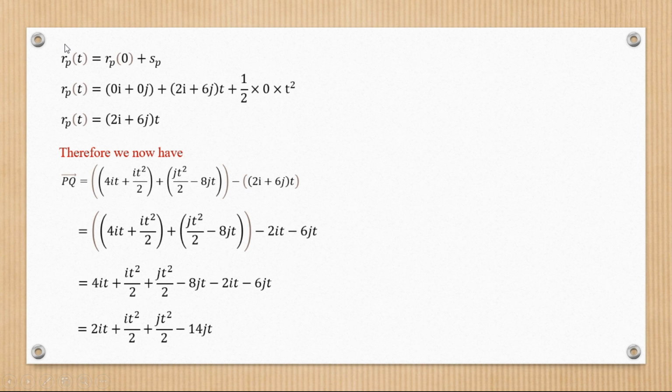Solving this, 4it minus 2it will give me 2it. Then negative 8jt minus this 6jt shall give me negative 14jt. Now let the terms with i be together and those with j be together. So PQ shall therefore be equal to (2t plus t squared over 2)i plus (t squared over 2 minus 14t)j, as you can see right there.